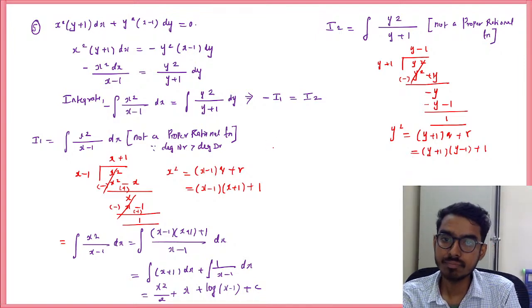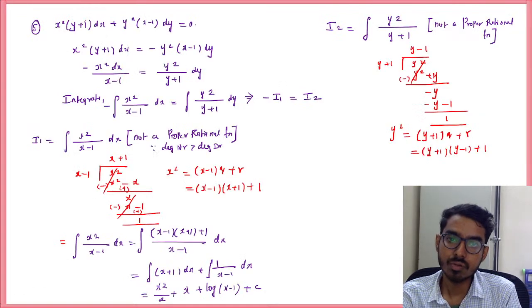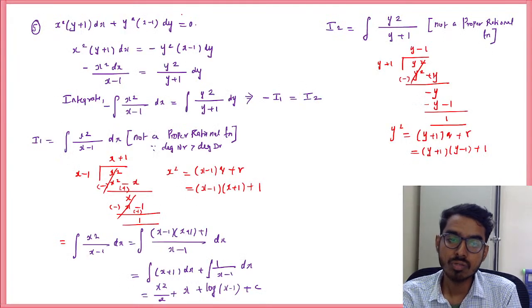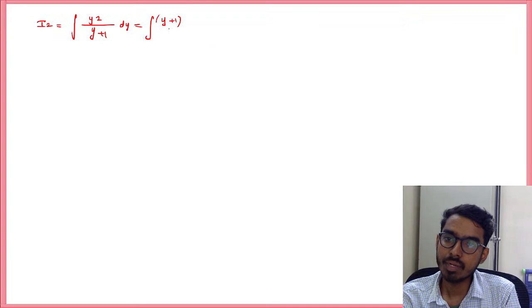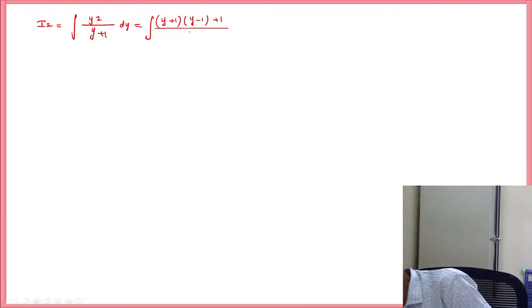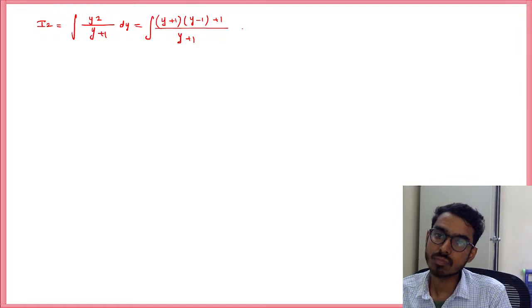So your I2 will be the integration of y square by y plus 1, where y square is (y plus 1)(y minus 1) plus 1, divided by y plus 1 dy.